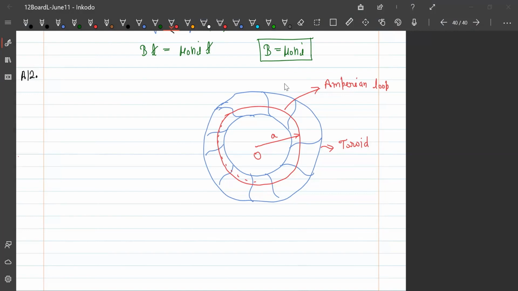Okay, after this, Apurva, tell me what is the force on a moving charged particle in a magnetic field?